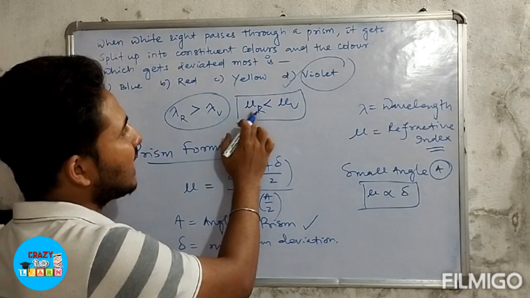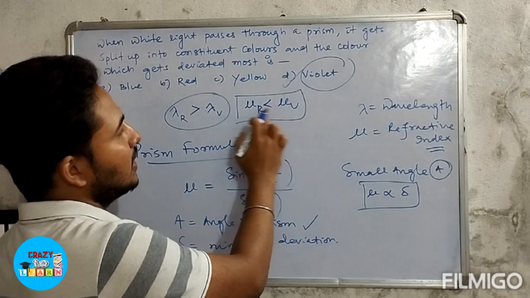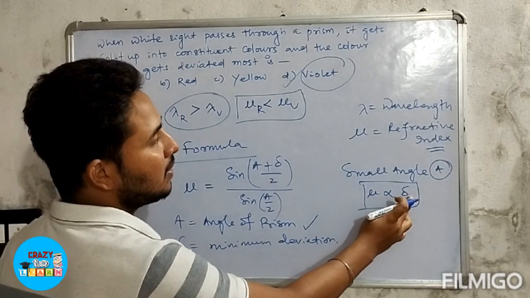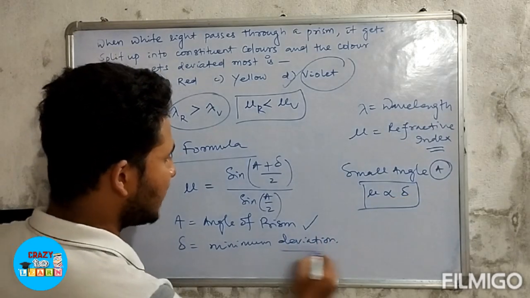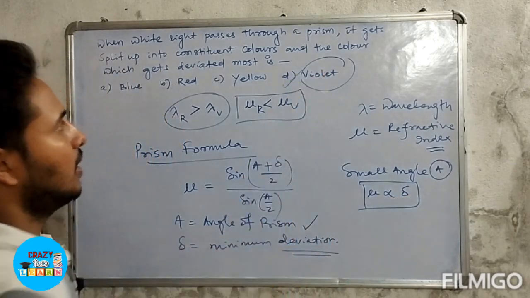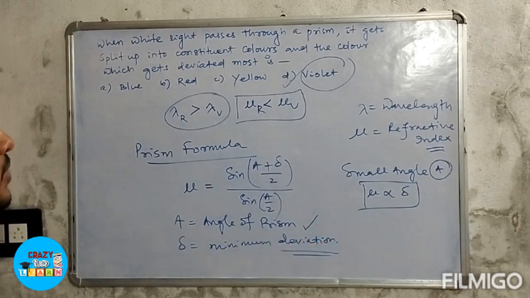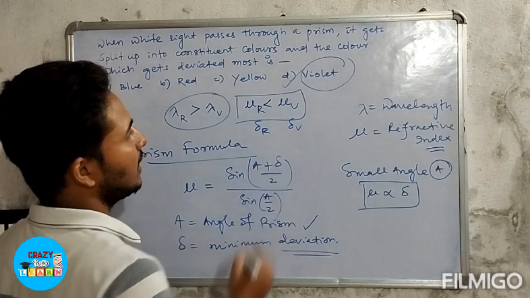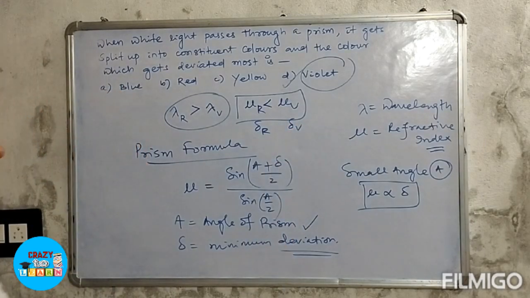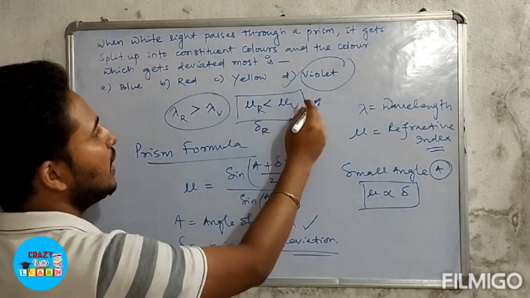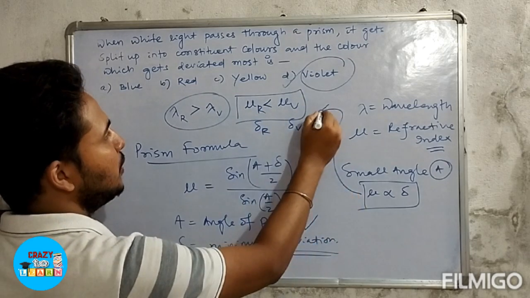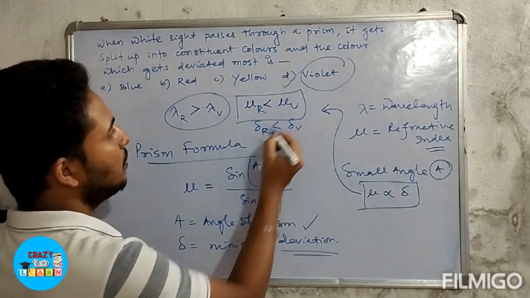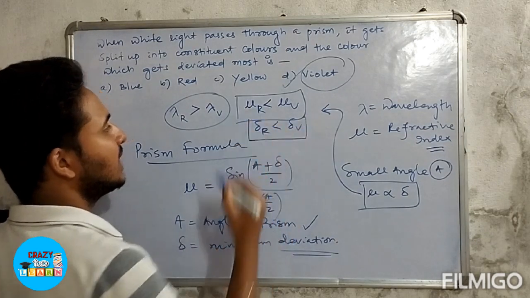So mu is minimum for red and maximum for violet. Del is the deviation. So del R and del V, what is the relation? Thus, as mu and del are directly proportional, we put the same sign.